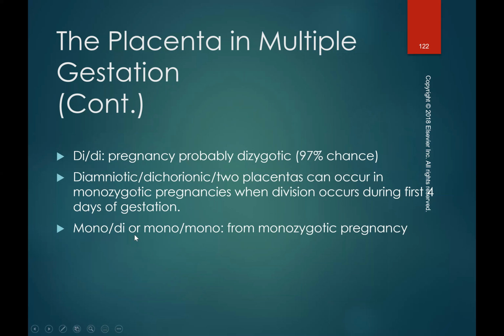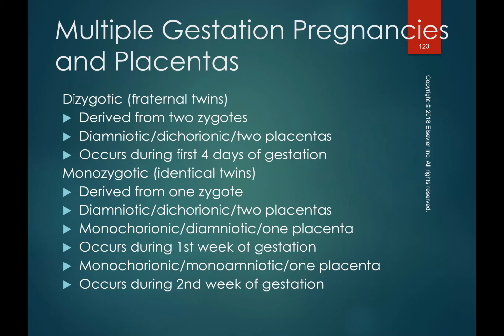If twins are sharing one placenta, they're most likely monozygotic twins, which means they're identical twins. They come from the same embryo that split. This is the difference. Dizygotic twins, fraternal twins, they're derived from two zygotes, which means they have two embryos implanted.